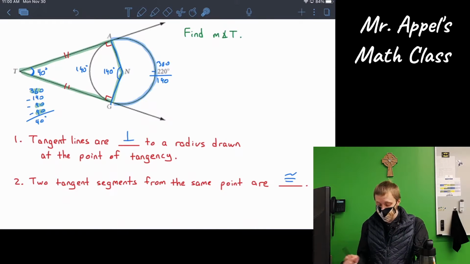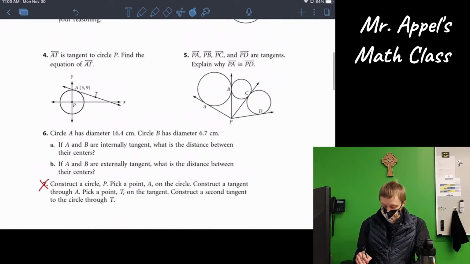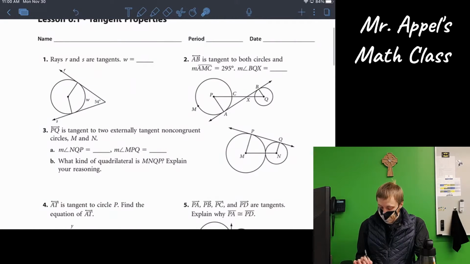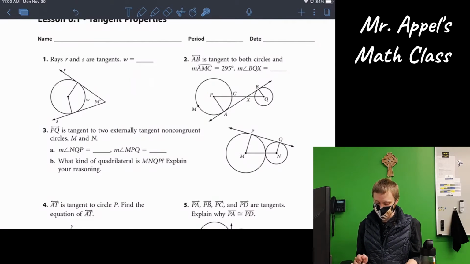All right, any questions on those properties so far? No? Then, your exercises for today, okay, some of them get a little complex here because one circle wasn't interesting enough, so they throw multiple circles in at you.